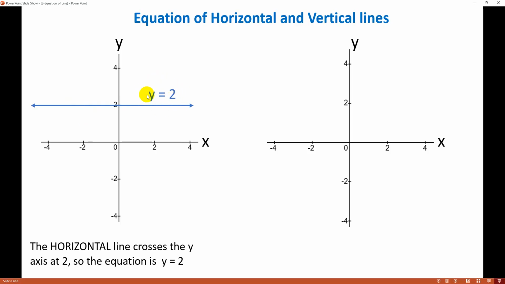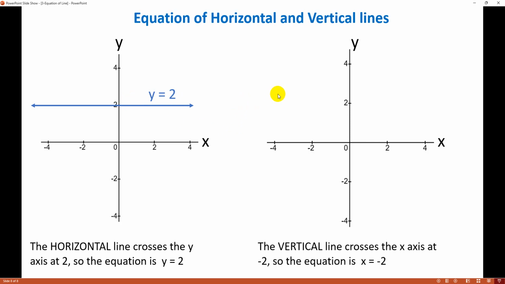That's why they label it y equals 2. The x will change, but the y will always be 2. And again, the simple way to get the equation is just to look at the axis you cross, in this case the y-axis, and the point at which it is crossing, which in this case is 2, y equals 2.